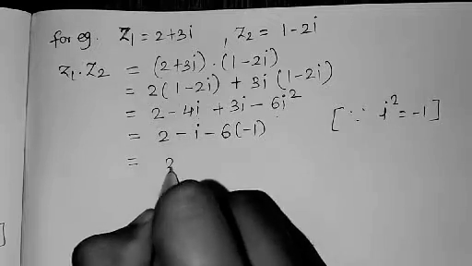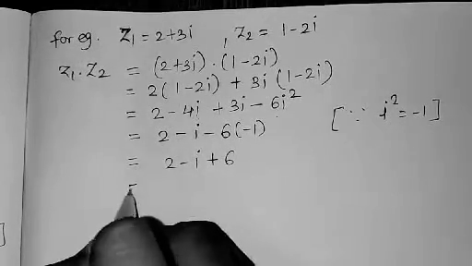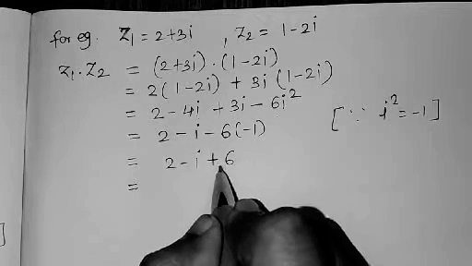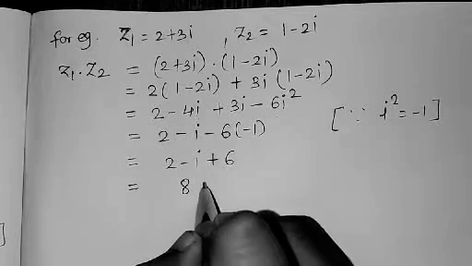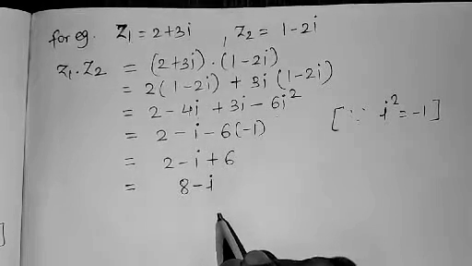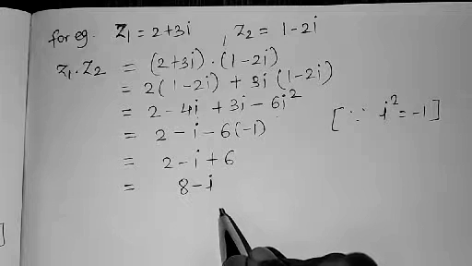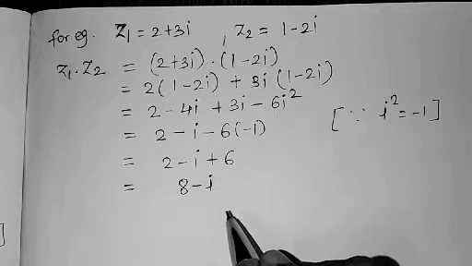Therefore we get 2 minus iota plus 6. Therefore 2 plus 6, that is addition of two real numbers, is equal to 8, and minus i remains as it is. This is nothing but the answer of this multiplication of two complex numbers.